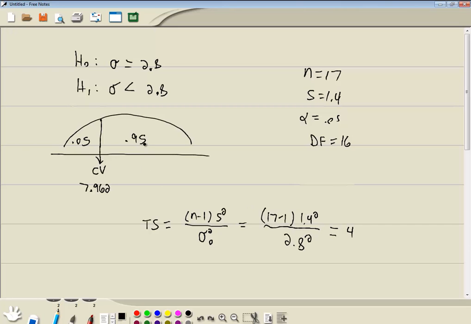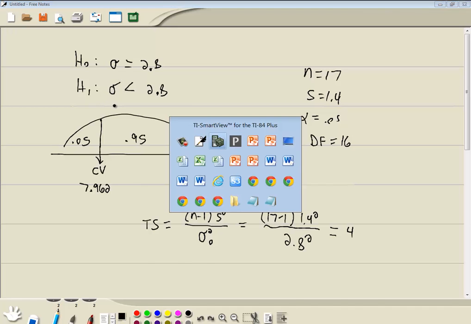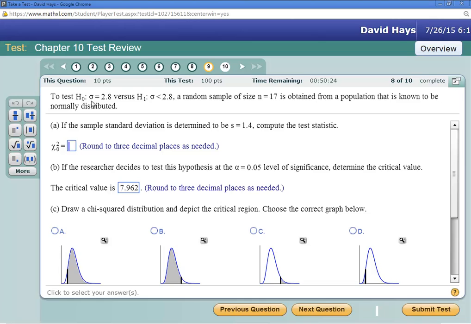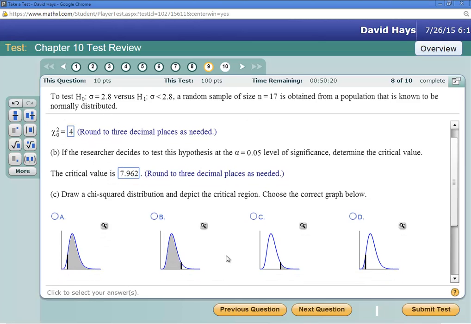Guess it is 4. Sometimes you have to make sure they don't actually give you a variance here. Let's see what they gave us. Oh, that was standard deviation. Okay, that's right, 4. Hardly ever does that come out perfect like that.